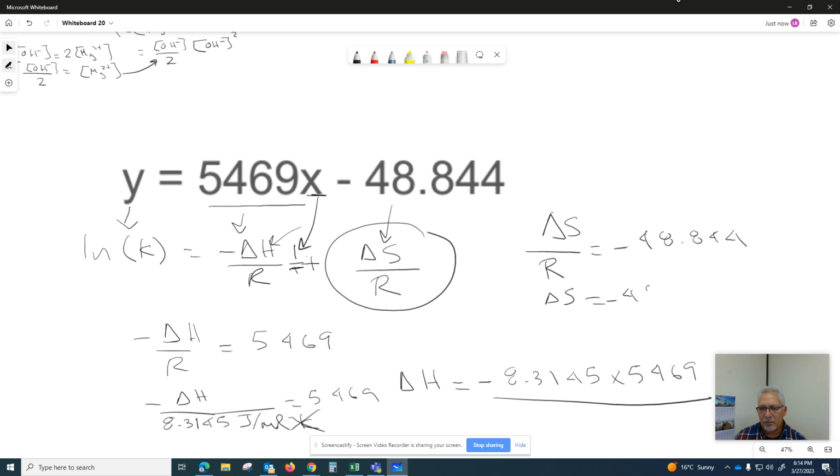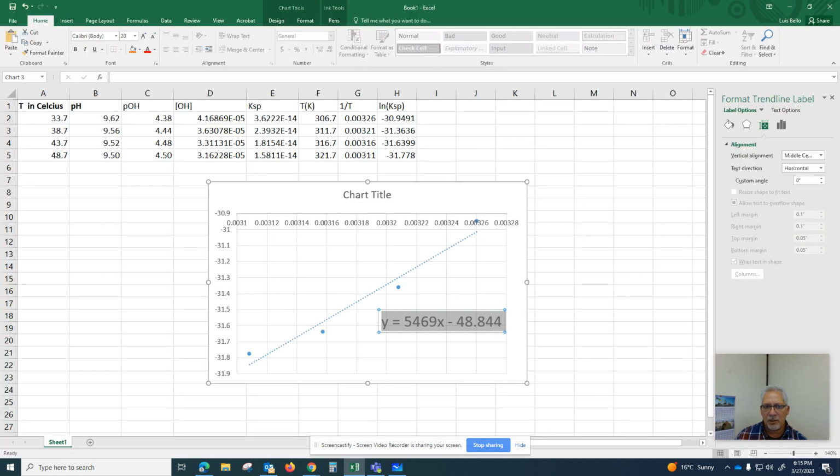You have to multiply times R, which is 8.3145, and that will be the value of delta S. So that's all you need to do for the calculation. This is your equation, and that's all.